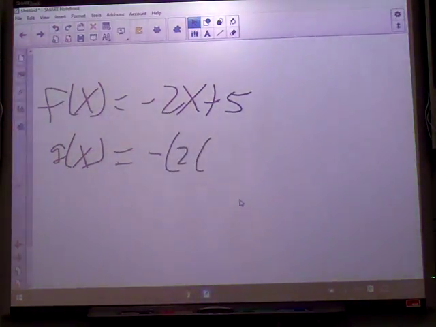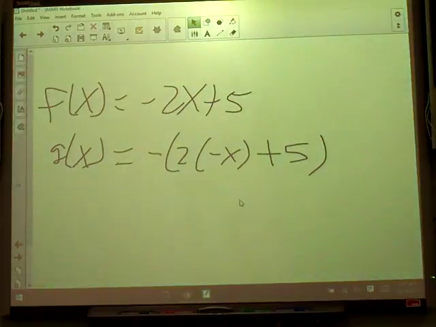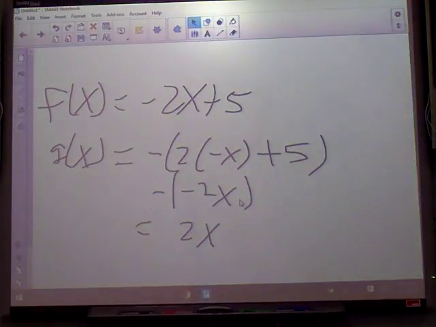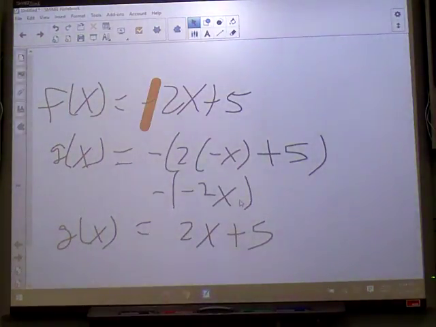And then I make my x negative. Now that looks all screwy, so let's clean that up. 2 times negative x makes that a negative 2x, right? Then you still have that negative out in front. So that's going to make that be 2x, and then still have your plus 5 on the end. So all it did was take the negative away, that's all.